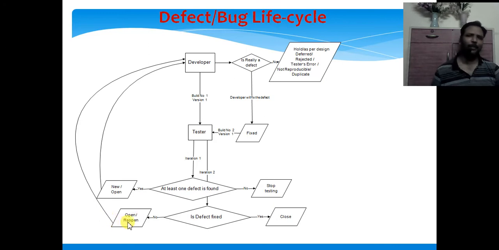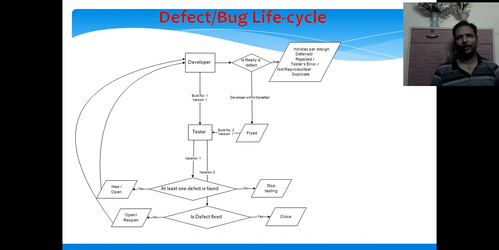Okay, in some companies they will write it as open, but most companies will change the status to reopen. Okay, and those defects will again be sent to the development department, and this cycle will be repeated continuously until all the defects are solved or the exit criteria is satisfied.